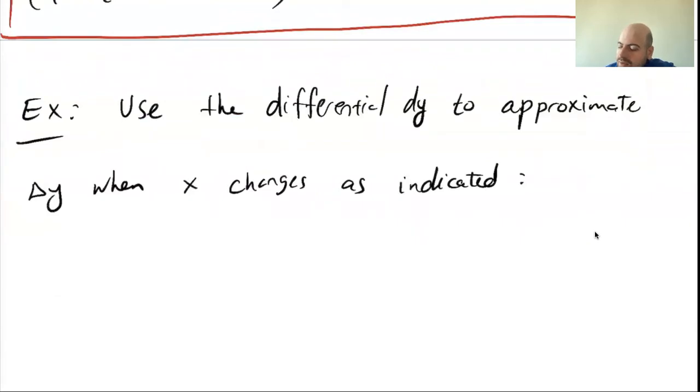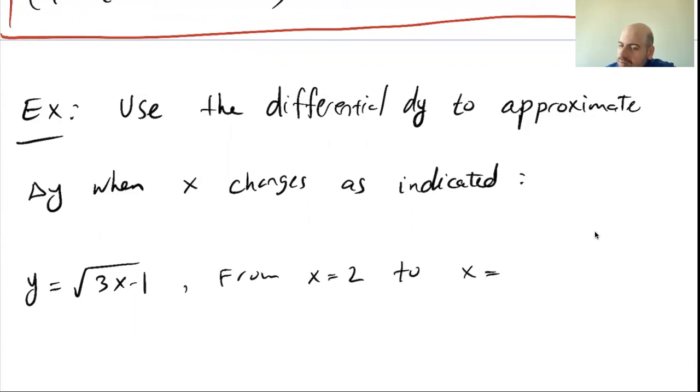So let's say y equals root 3x minus 1 from x equals 2 to x equals 2.03.